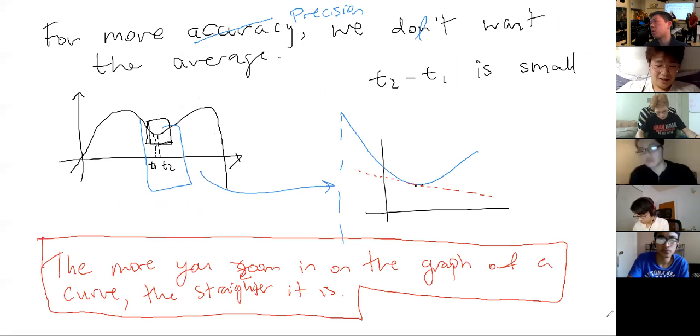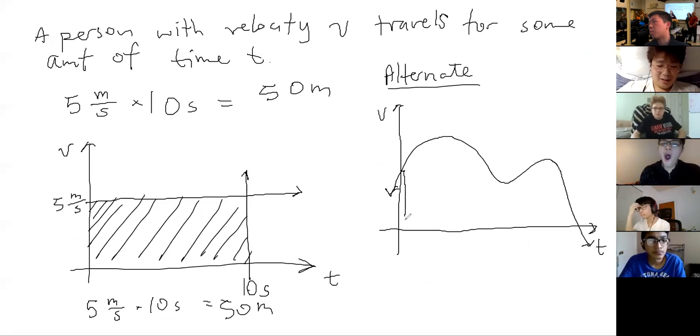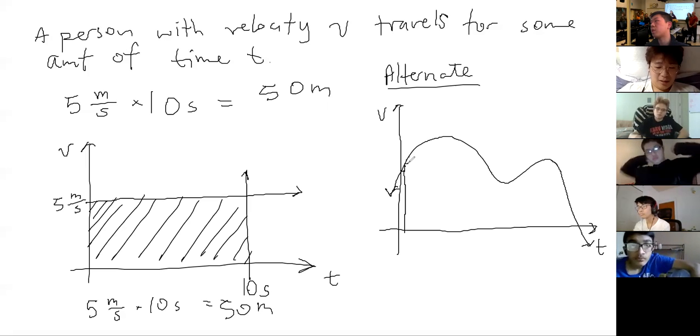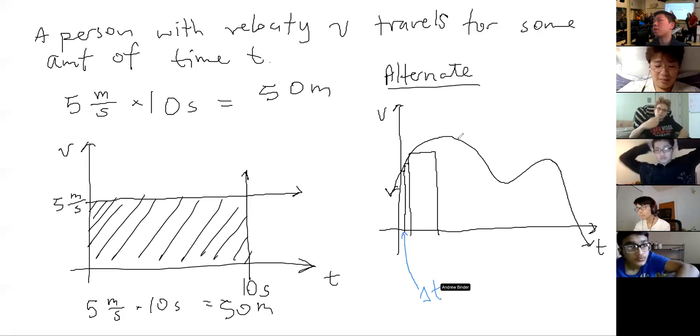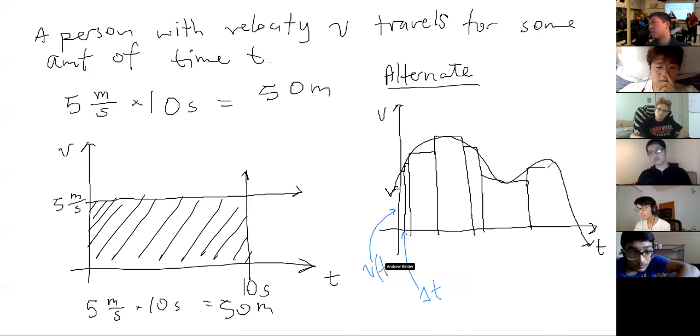So we can split this graph up into a bunch of very small rectangles where, if you zoom in enough on a certain part, it's going to be straight. I'm going to make them big just for reference, but when we're actually making the calculation, these turn into really small boxes.